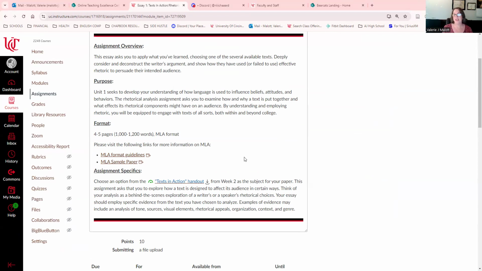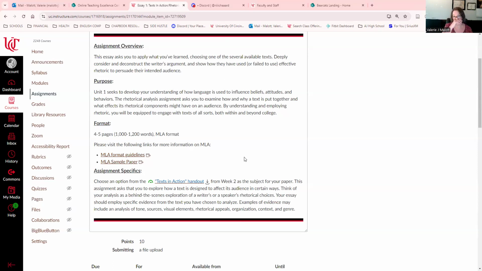This assignment is asking you how and why a text is put together. So not so much the what of that message, right? Not the what of that text, but how and why. Does that make sense? To analyze how it's put together and why, right?